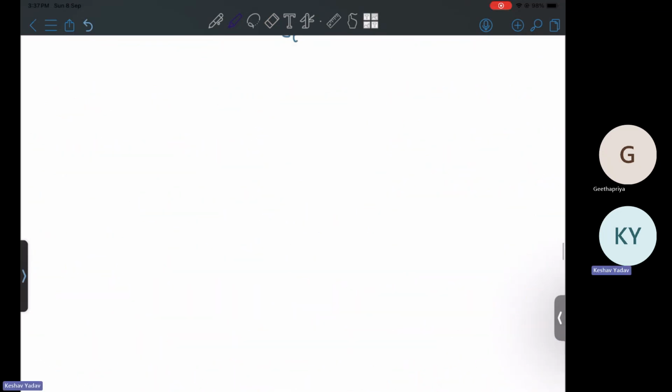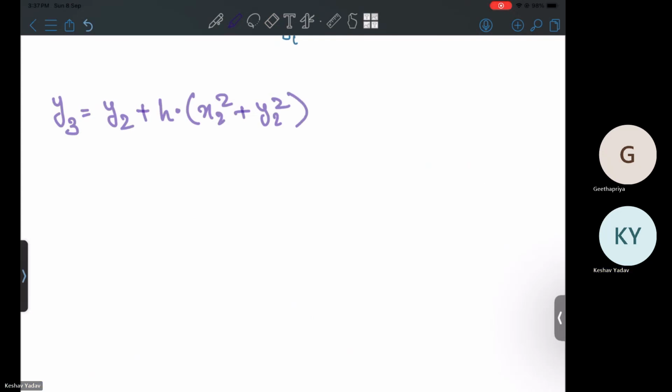Now suppose I am writing for y3, that will be equal to y2 plus h multiplied by x2 squared plus y2 squared. So this is y at x equal to 1. Okay. So y3 will be what from here? 0. h is 0.5.